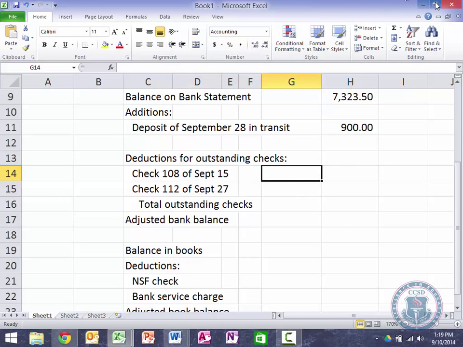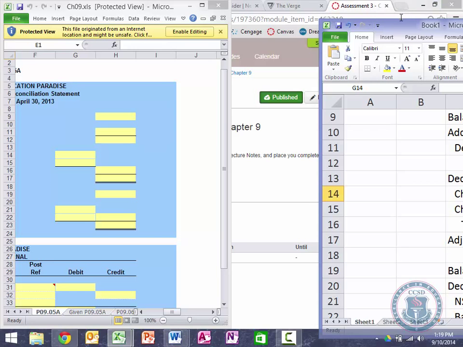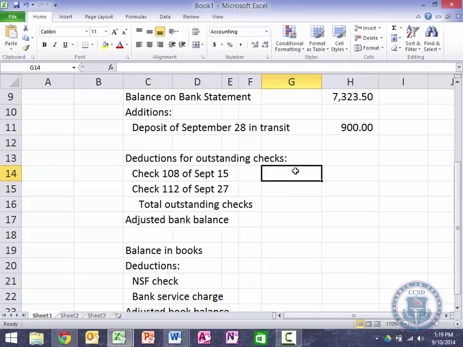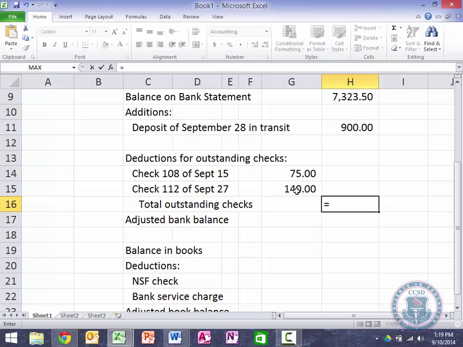And I believe these are going to get totaled up here, so we're going to tally them up in the subtotal. The first one was for $75 and the second one was for $140. I'm going to do a quick little formula here that says this equals the sum of these 2. Just going to add them up.